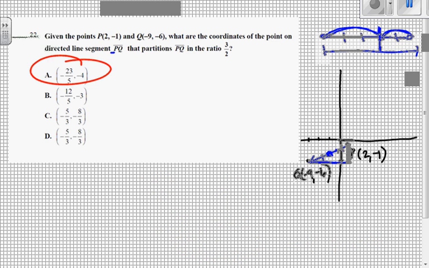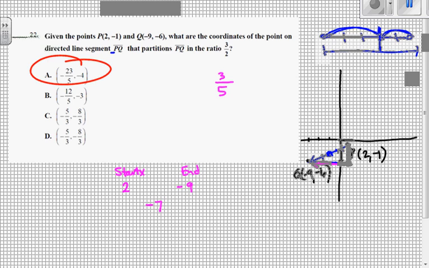Keep in mind, you're starting at P, okay, and you're going to Q. So you're going in this direction horizontally, all right, which means you're starting at the x value of 2, and you end at the x value of -9, okay? That means you went back 7, all right, total. But remember that it wants you to go 3 of the 5 hash marks to the left, okay?